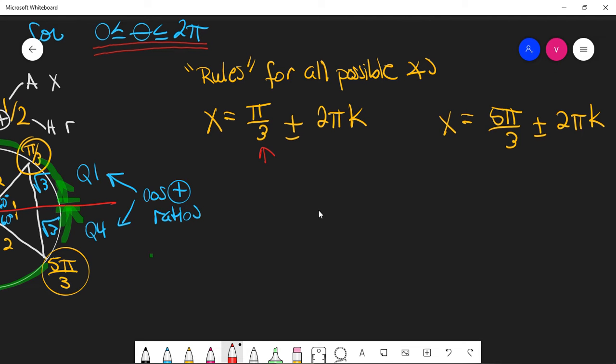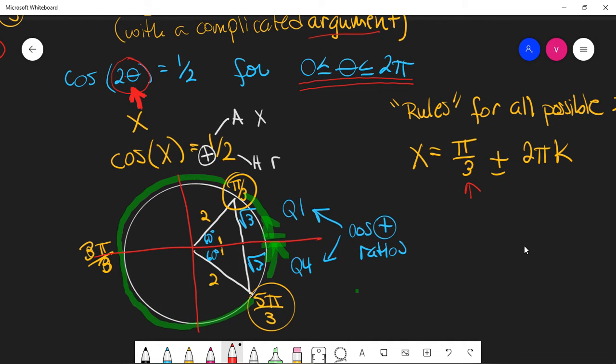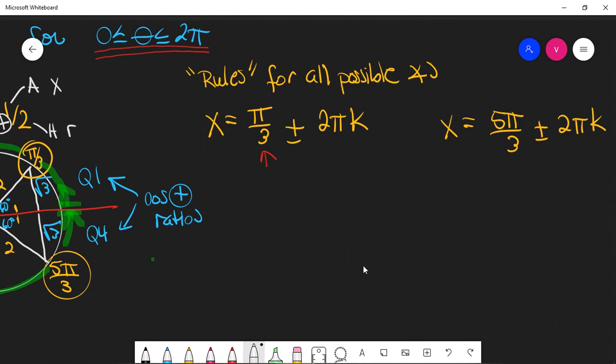So, all right, now we wrote our rules. The reason we did that is because we didn't really just solve for x. Remember, in the beginning we switched out 2 theta for x right here. So we weren't really solving for x, we were really solving for 2 theta.